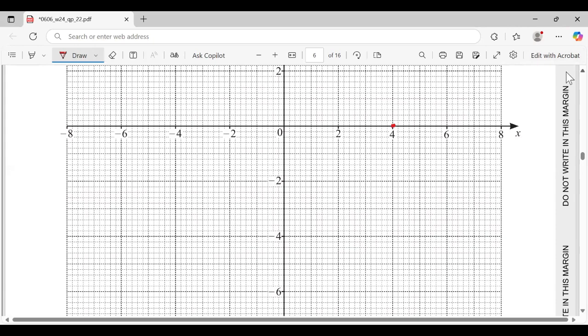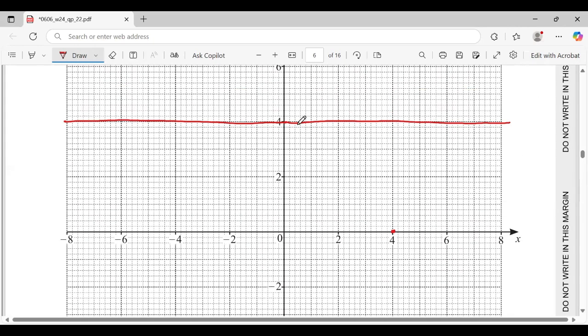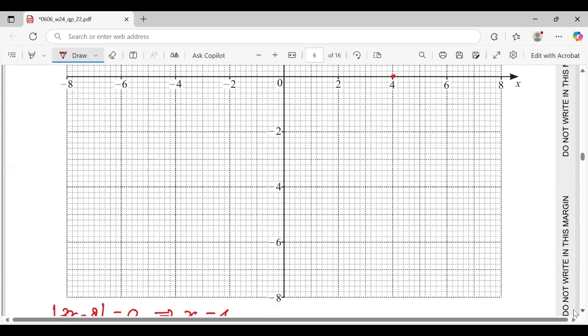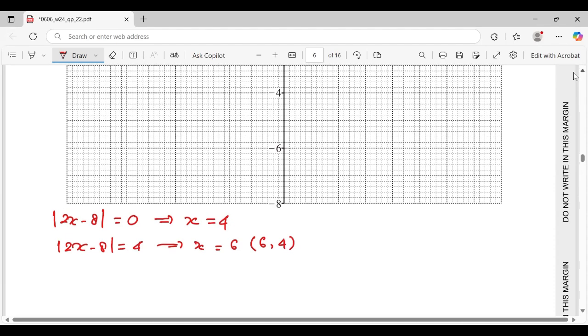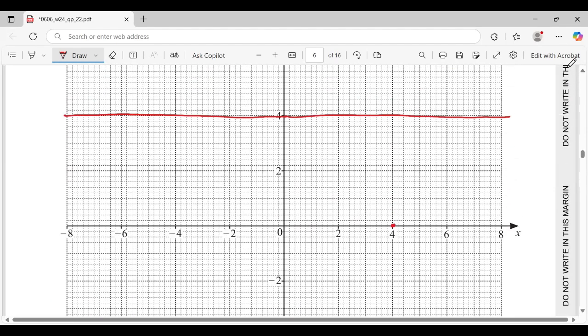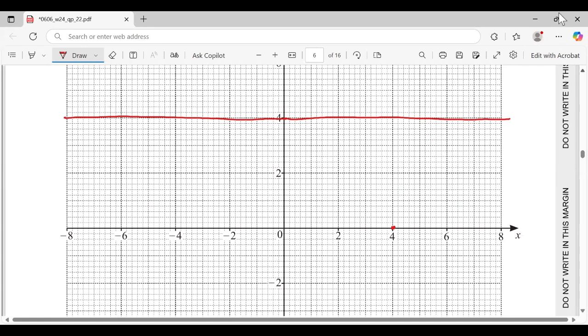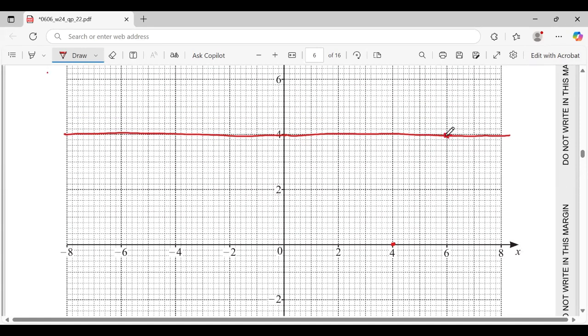After that, the intercept point where y equals 4: 2x minus 8 equals 4, so it means x equals 6. So this is 6 comma 4, here.